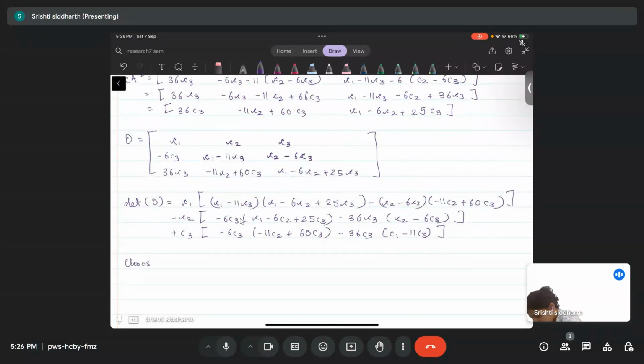So the objective is to choose the values of the scalars C1, C2 and C3 such that this determinant is 0.